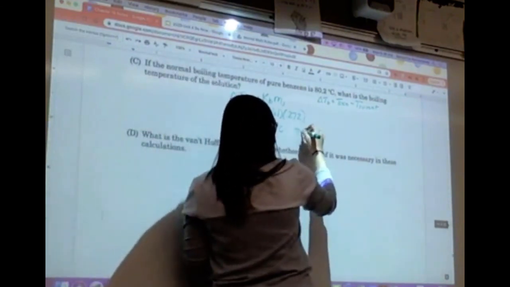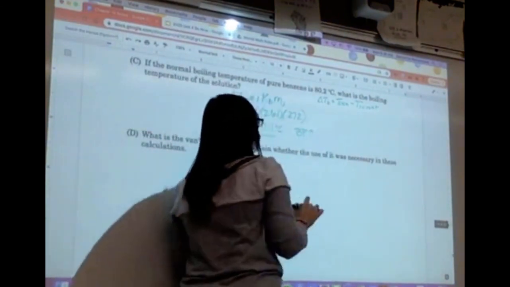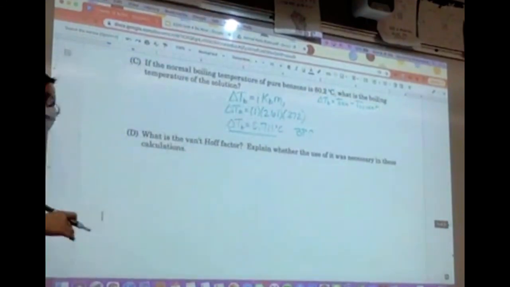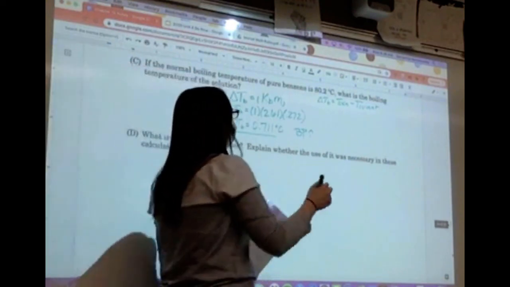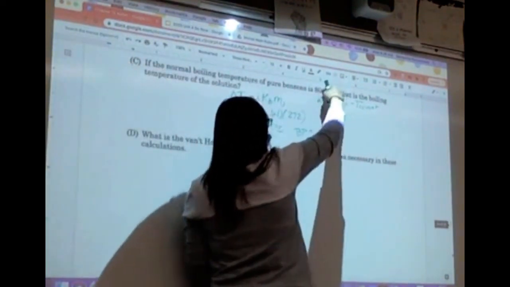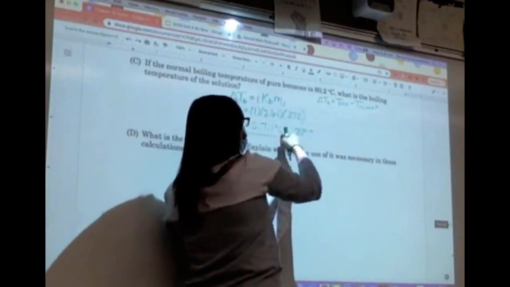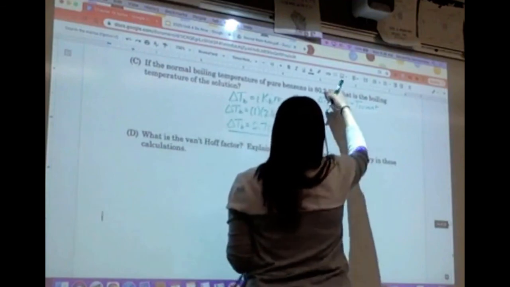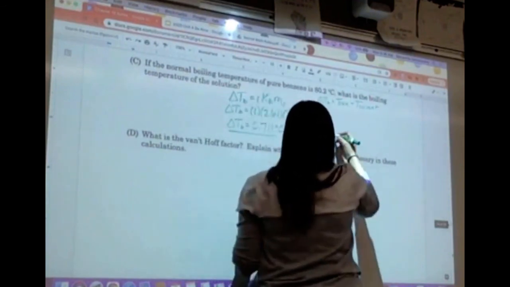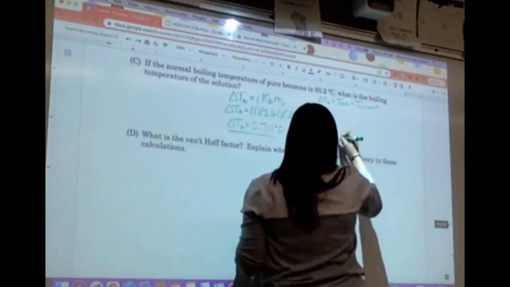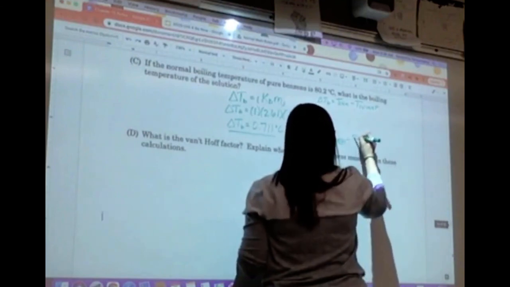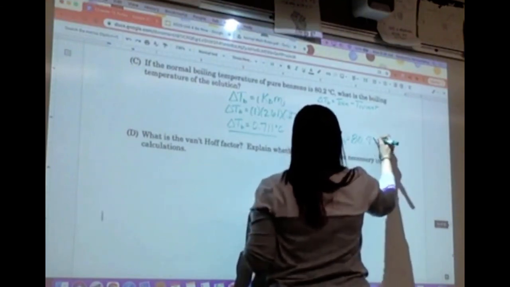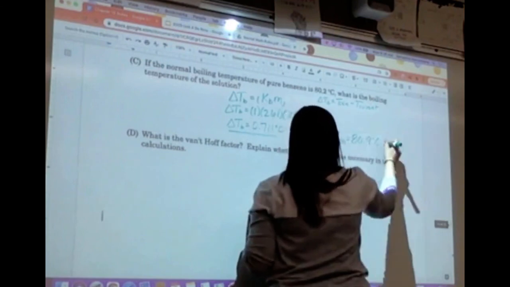Now something to keep in mind, the boiling point increases. Remember colligative properties, it's boiling point elevation. So that means from the solvent to the solution, it should increase by 0.711. So 80.2 plus 0.711, we can keep it to three sig figs, gives us 80.9 degrees Celsius.